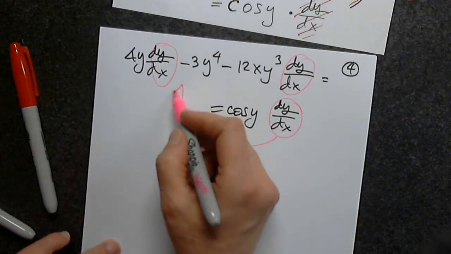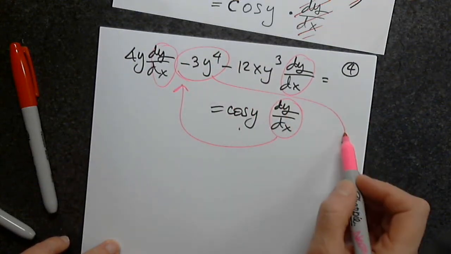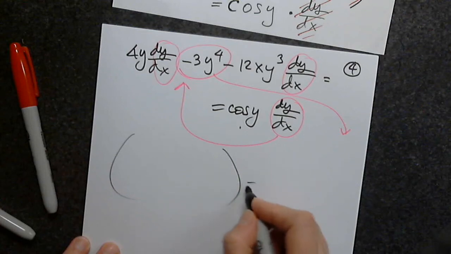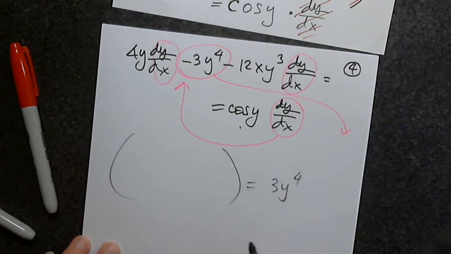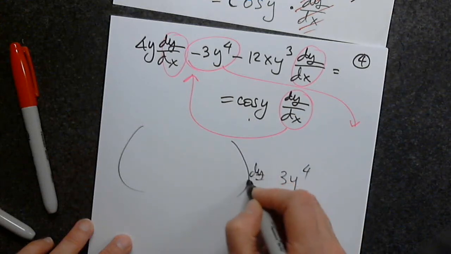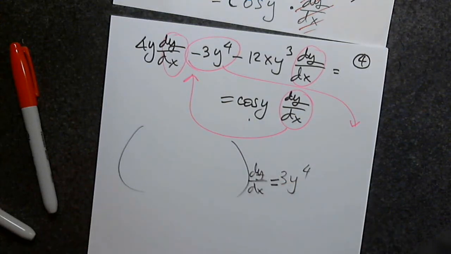So I'm going to move this to the other side, because it's the only term without the variable. At the same time, I will factor out from those three terms the variable, which is dy over dx.